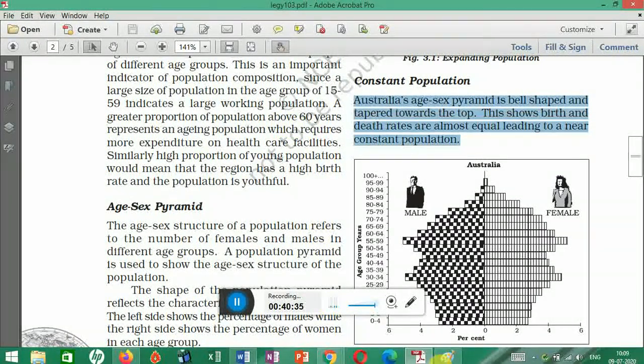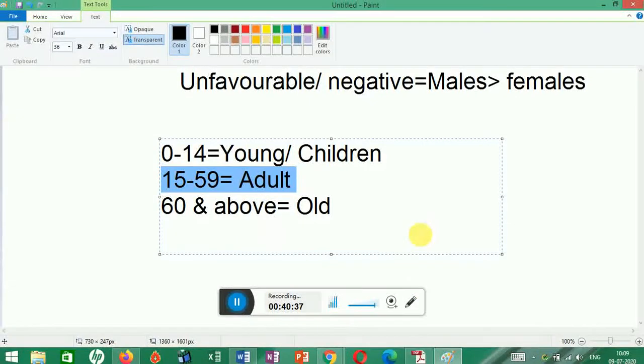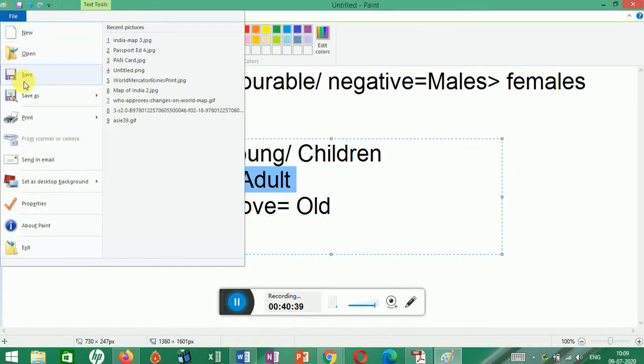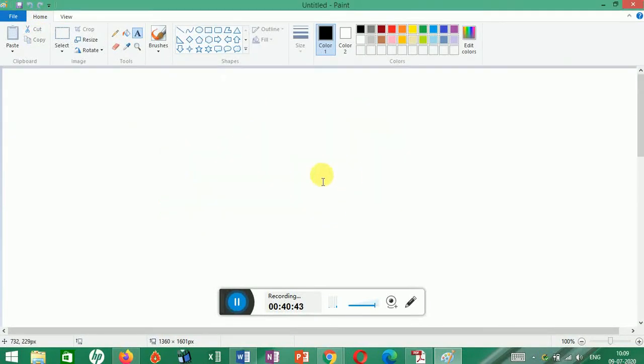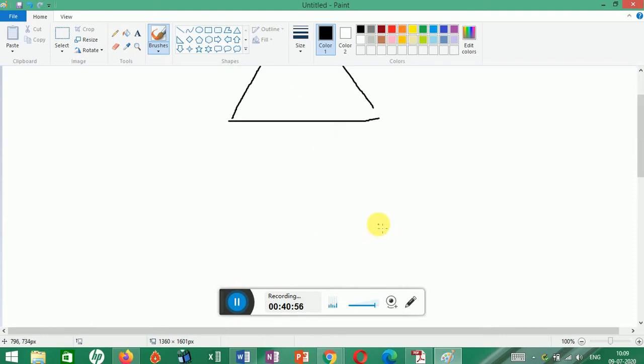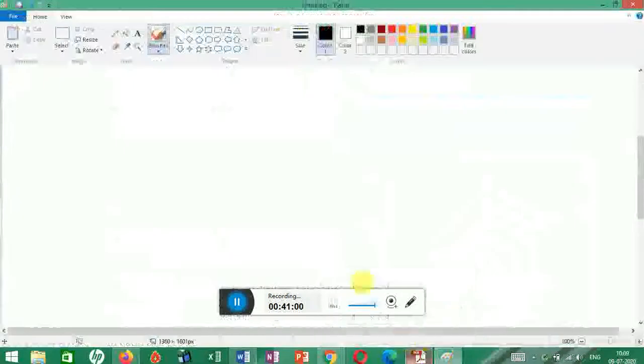See, in the case of Nigeria, the sex pyramid takes the shape of a triangle like this. For Australia, it takes the shape of a bell like this.